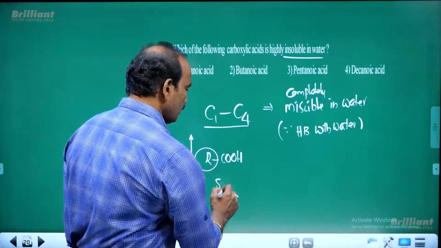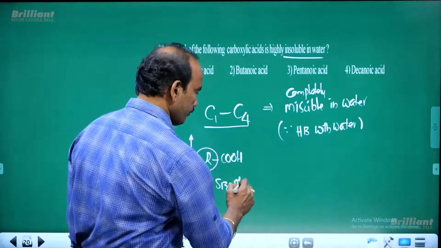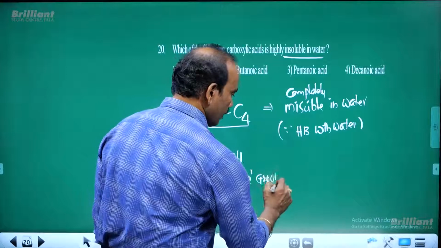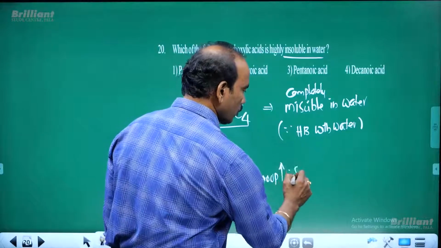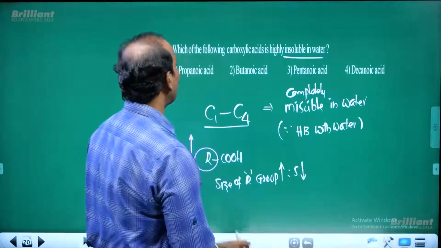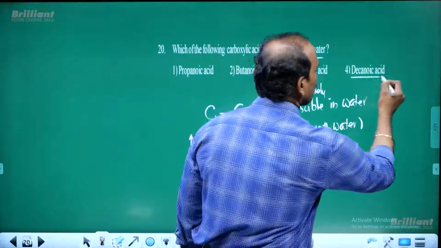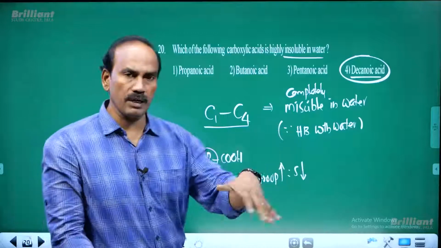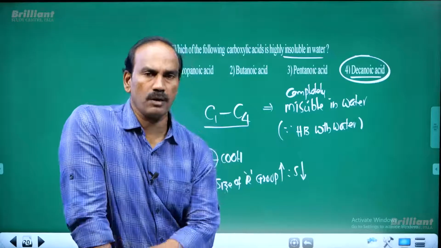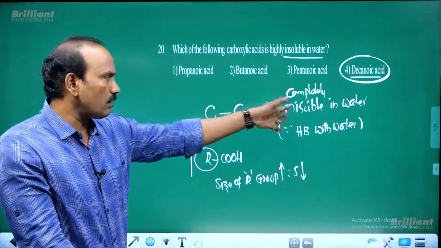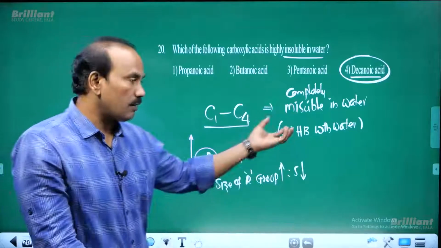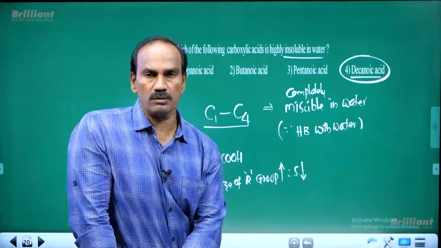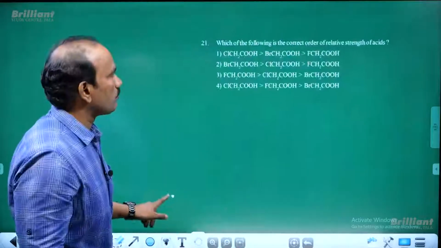The size of the alkyl group increases, solubility decreases. So which has more carbons? The answer is this one. Clear? The first three are completely soluble in water due to intermolecular hydrogen bonding. Compared to alcohols, carboxylic acids are highly soluble because they are able to form strong hydrogen bonds with water. Clear? The next one.